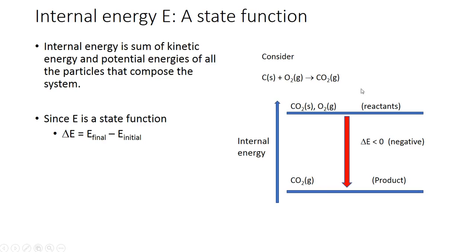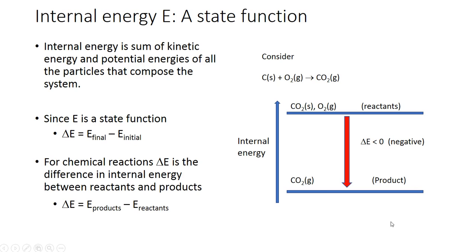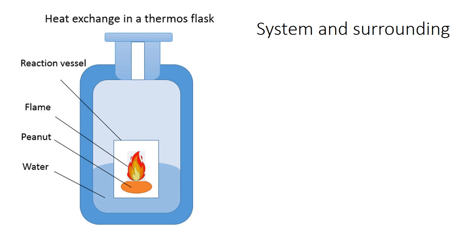When they combine, they'll lose that internal energy, and they will have carbon dioxide, which is at lower internal energy, and that can be given by delta E. So for chemical reactions, delta E is the difference in internal energy between reactants and products.